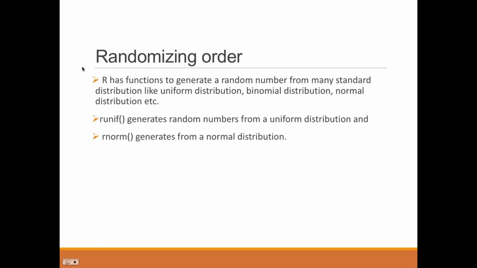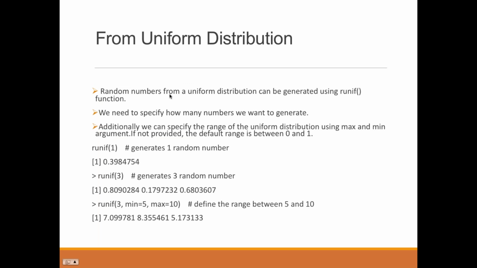So the command to pick data or a sample is runif, from a uniform distribution, and rnorm from a normal distribution. And we will look into that in the next session, not in this session. Today, I'm going to cover basic things to do with the data cleansing packages. From a uniform distribution, I'm going to do this in programming in the next session so that you understand that quite a bit better.